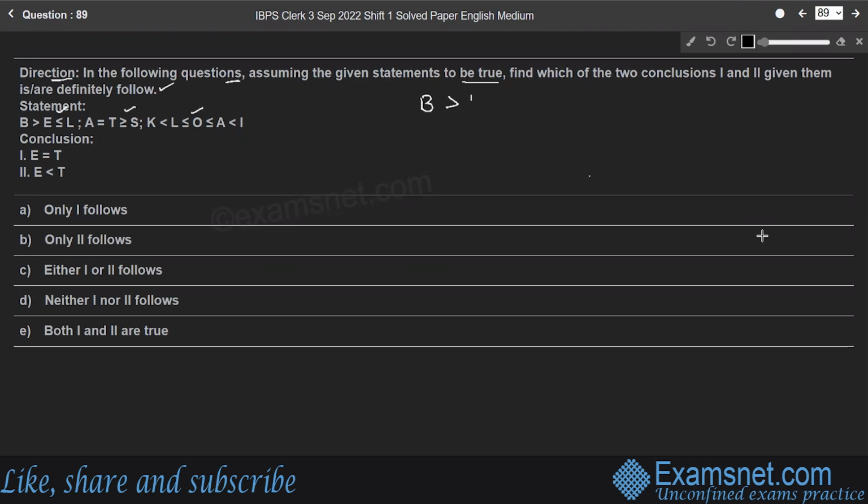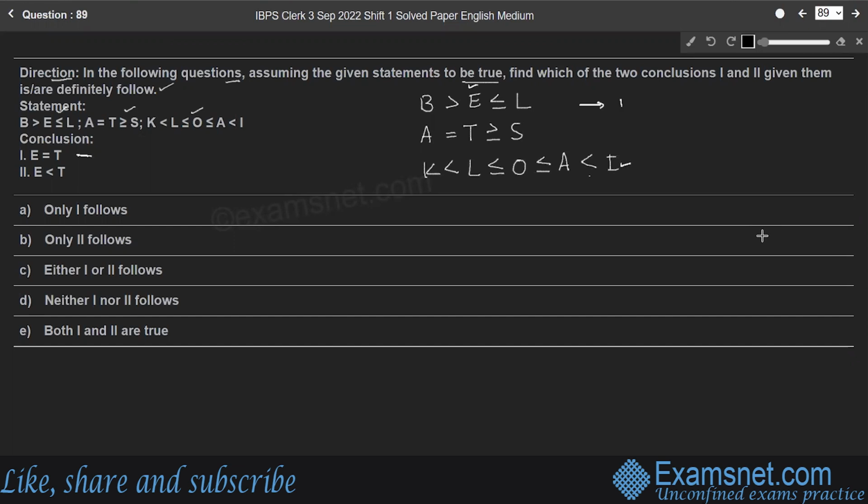B is greater than E less than or equal to L, and A is equal to T and T greater than or equal to S, and K is less than L, L less than or equal to O, and O is less than or equal to A is less than I. Right? So the conclusion is E is equal to T. So consider E and T.